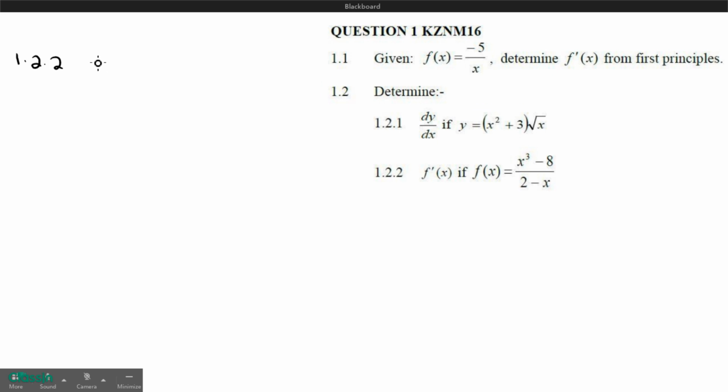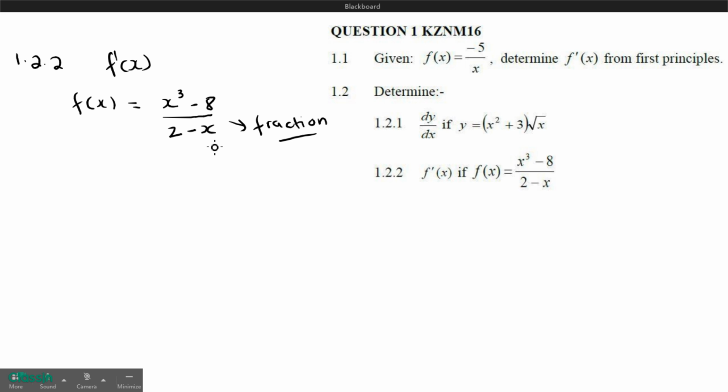So we want f prime of x, but we are given f of x and they say this is the same as x cubed minus 8 over 2 minus x. So if we can check this, this is our fraction.